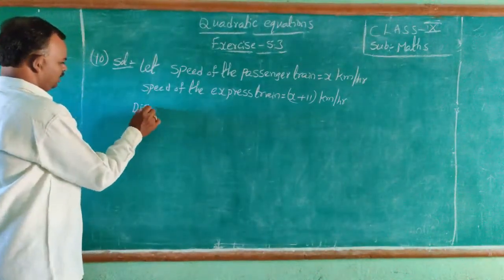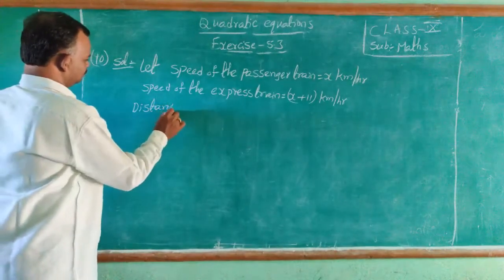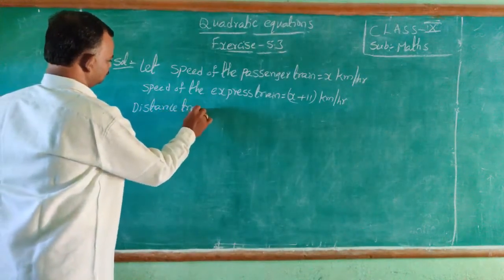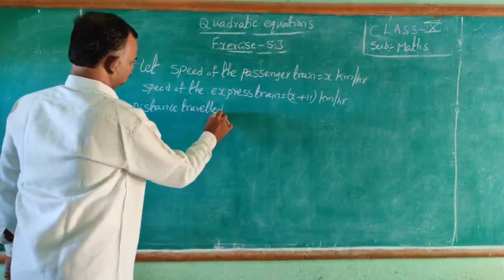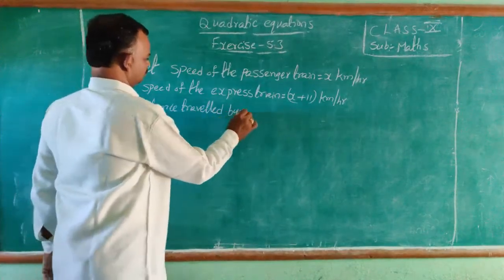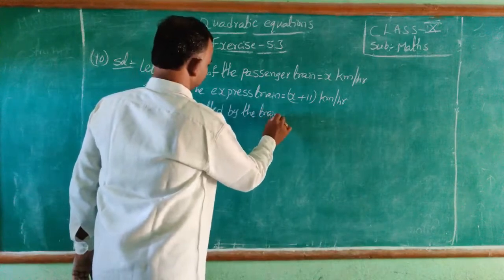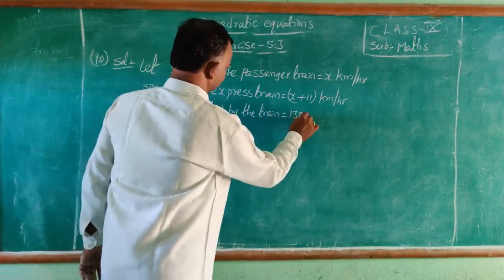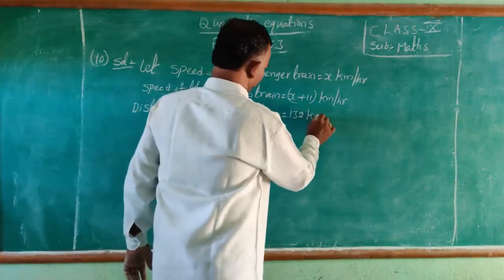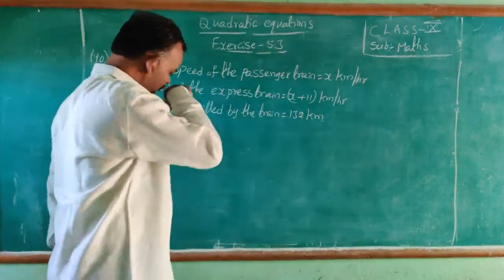Distance traveled by the train is equal to 132 kilometers.